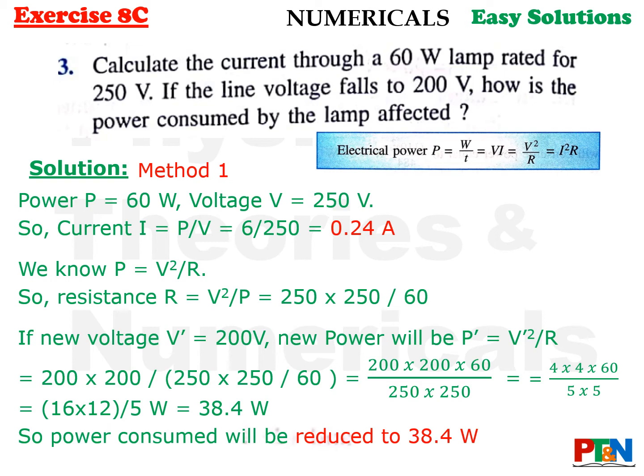So you do the calculation. The power you get is 38.4 watt. So the power consumed will be reduced to 38.4 watt from 60 watt.